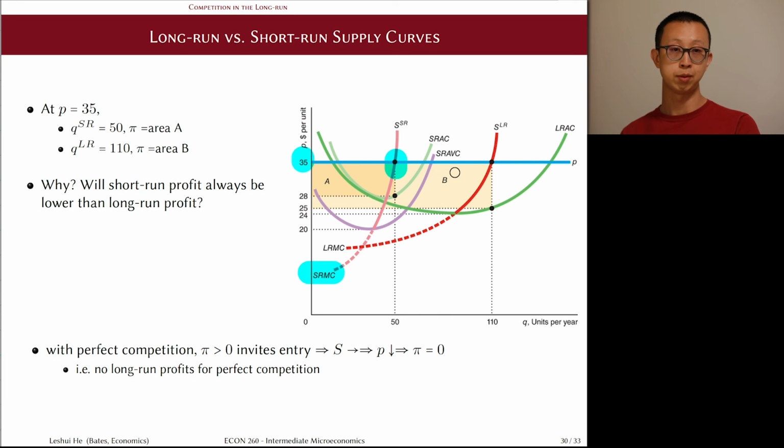But the long-run profit maximizing output level is at 110. This is where the long-run marginal cost curve crosses the price level. In this case, the short-run profit is illustrated by the area of this darker rectangle marked by A here. And the long-run profit is the size of this bigger triangle, or this entire area marked by B.